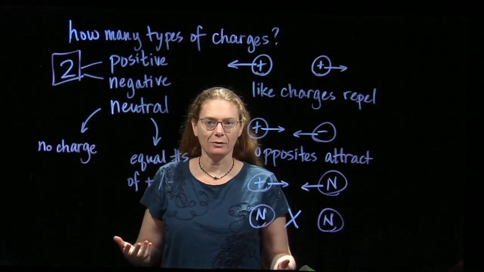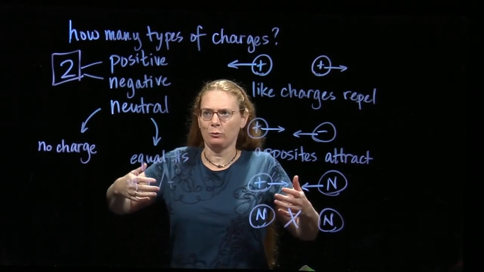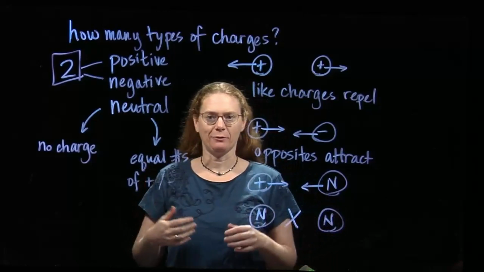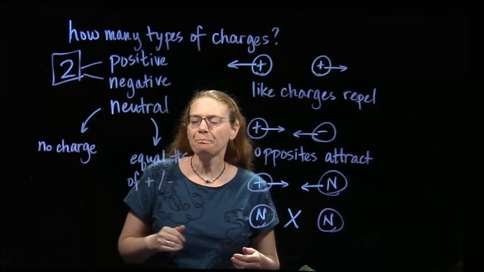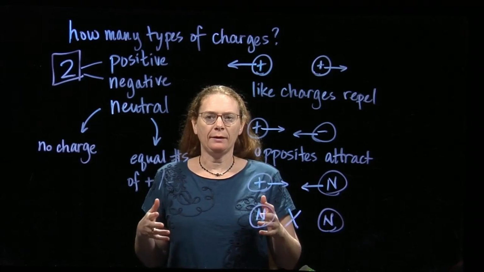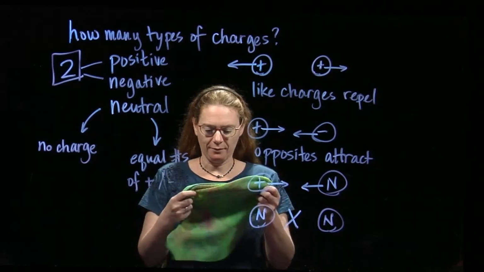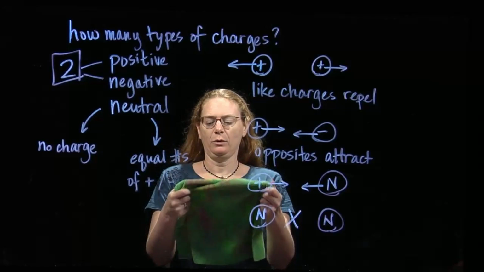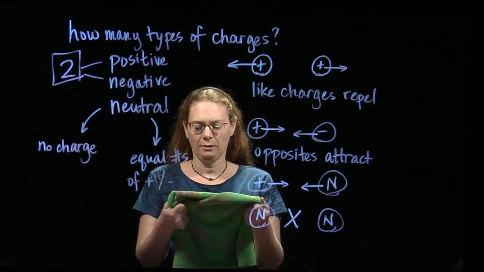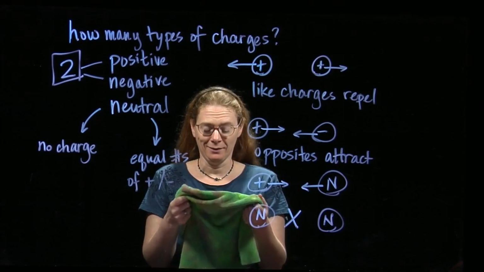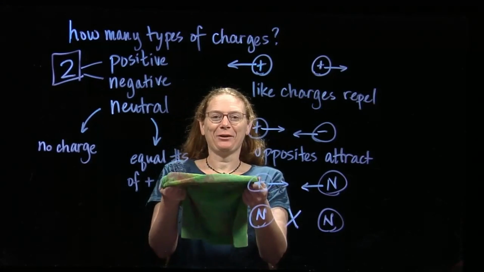Well, what are charges? Let's think about what really are the charges. What is a positive charge? What is a negative charge? And to do that, let's think about what stuff is. What is this cloth made of? Let's say it's cotton. Let's say I have a cotton cloth.